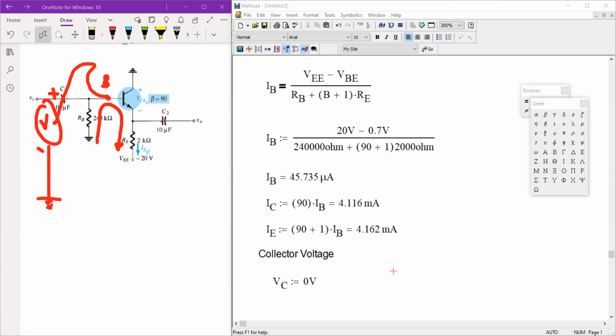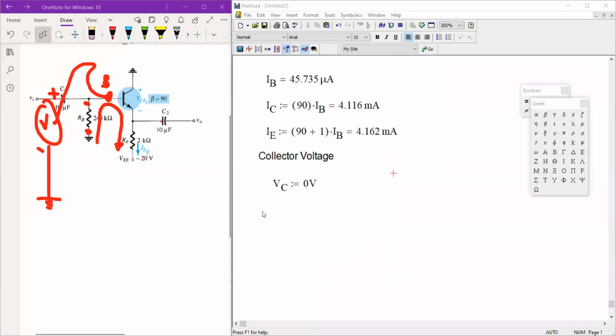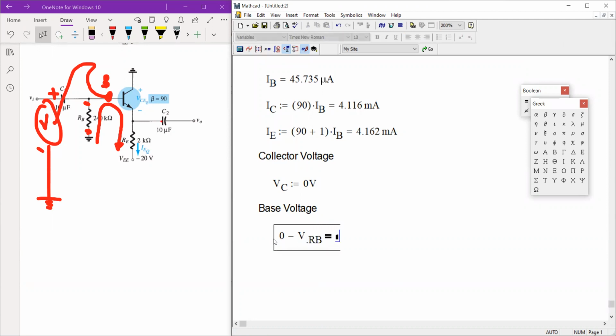This is similar to placing your voltmeter across R sub B, so we're simply measuring the voltage across R sub B. Following our loop previously, we started with 0, so that's 0 minus V sub RB, or the voltage across resistor R sub B, and it's equivalent to your V sub B. This is where you're going to stop.